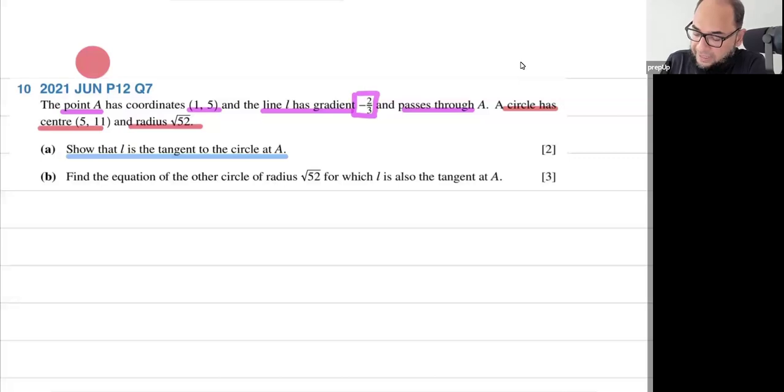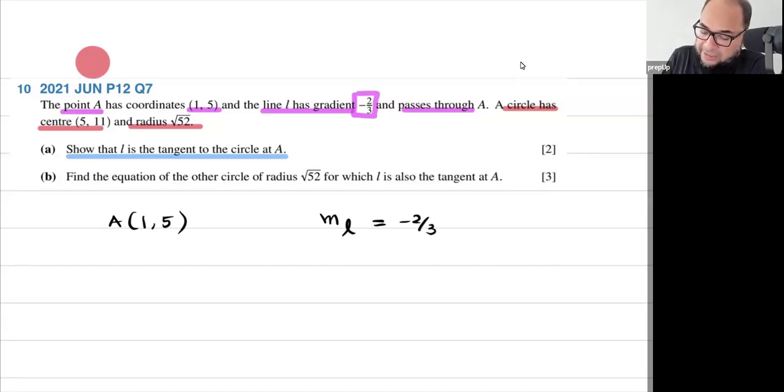Now the very first thing is that we have A, which is 1, 5. Gradient of line L, that is negative 2/3. And the center, let's call it C, that is 5, 11. And the radius, that is root 52.